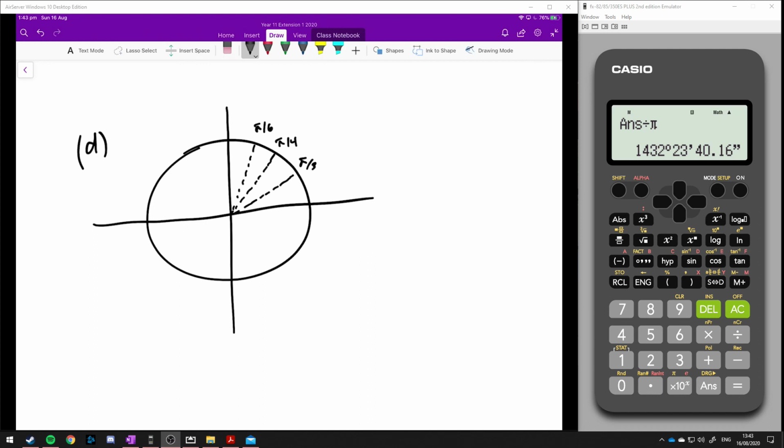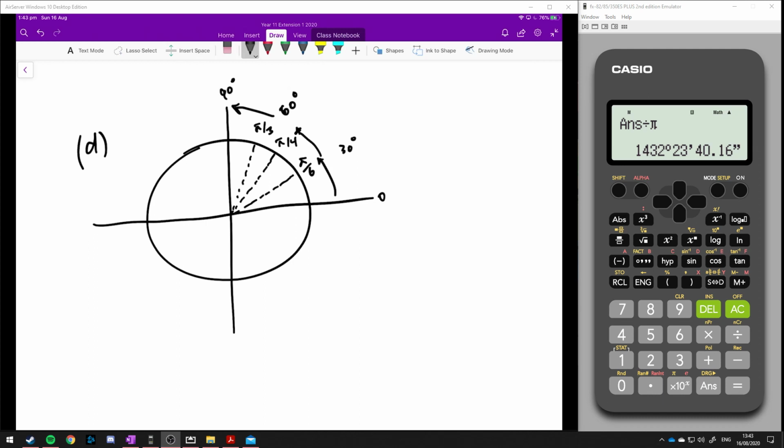So if we jump around by pi on 6s, it should be 0 to 30, 30 to 60, which is pi on 3. Oh, sorry, I went around the wrong way. So to there is pi on 6, pi on 3, and then to here gives us our 90 degrees.